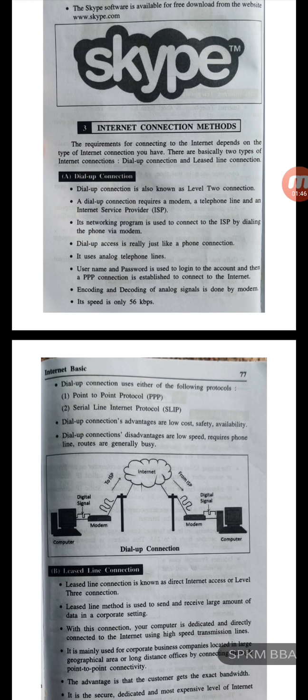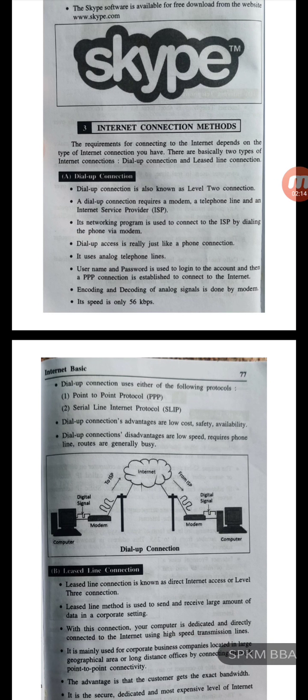So the requirement for dial-up connection is that you can get a dial-up connection through a modem, an internet service provider, and a telephone line. If these three things are available, you can connect to the internet through dial-up connection.